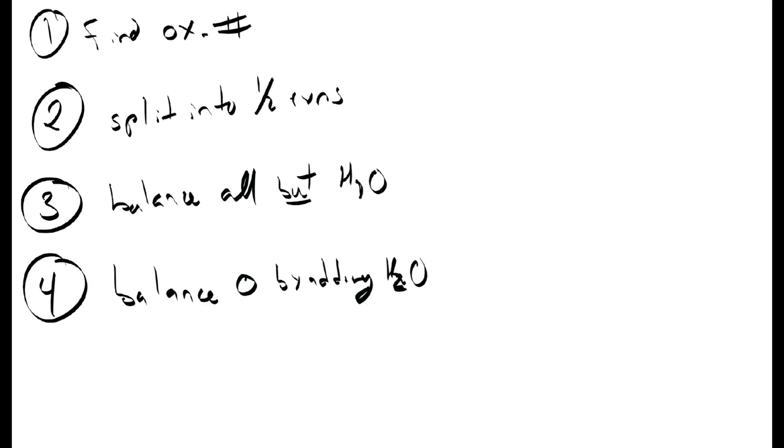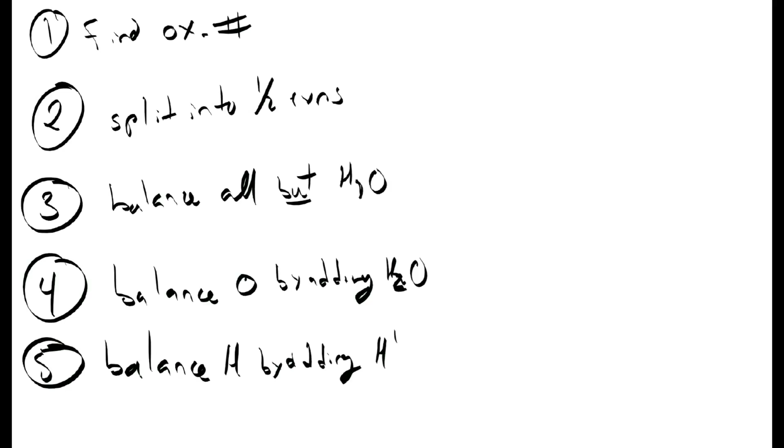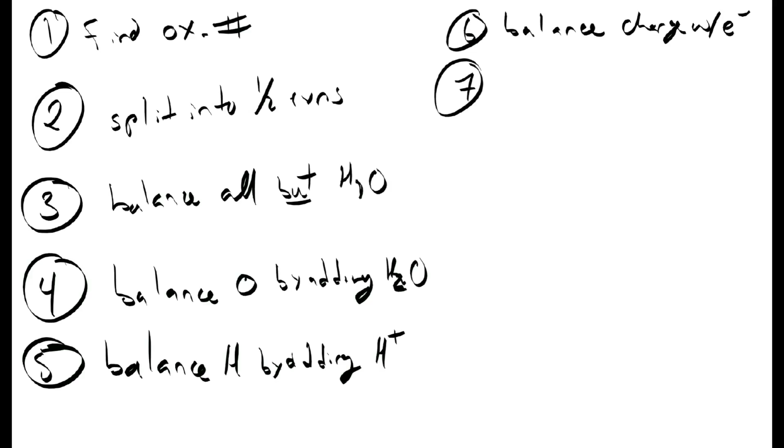Fifth, we balance hydrogen by adding H plus. Sixth, balance charge by adding electrons. Seventh, balance the half reactions against each other so that the electrons disappear.